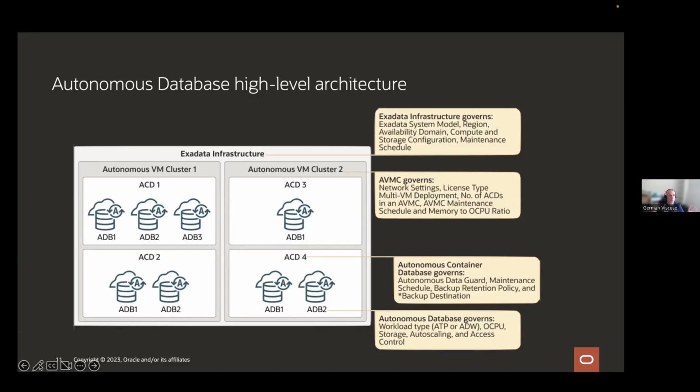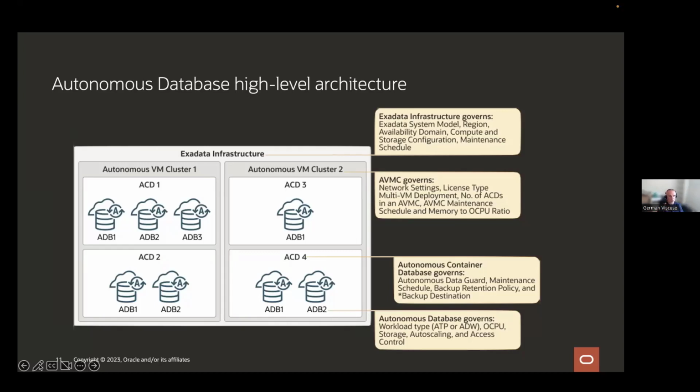If you use autonomous database dedicated, which is what I'm explaining right now, you can provision everything from the very bottom to the very top. You can, for example, have fleet managers provisioning VM clusters or container databases. You can have developers automatically provisioning on a self-service basis specific autonomous databases within containers. So this is an example.